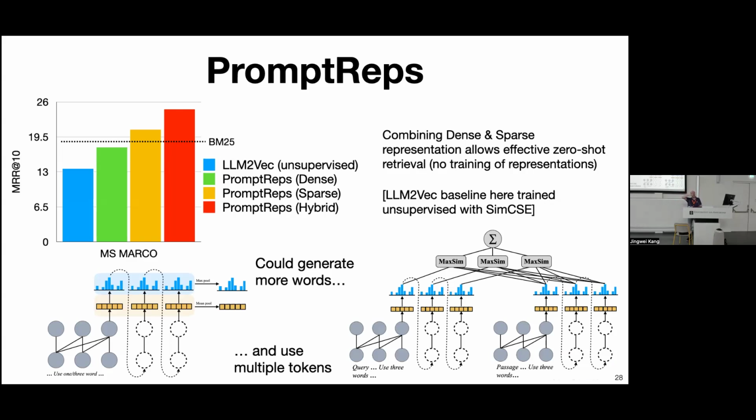I actually look at the generated words. I take their logits and their embeddings, and I do a ColBERT-style type of modeling and representation. So I use multiple tokens, not just one token.